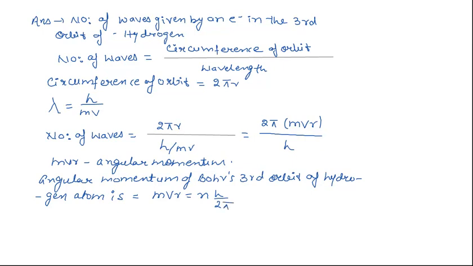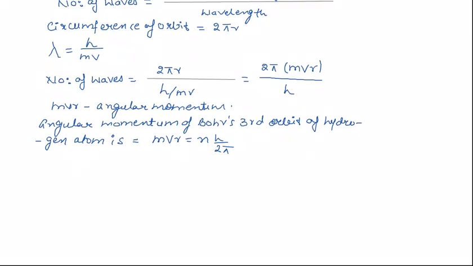What is n here? N is the number of orbits or the energy level. So what will be the angular momentum of the third orbit? 3h upon 2 pi. Right?